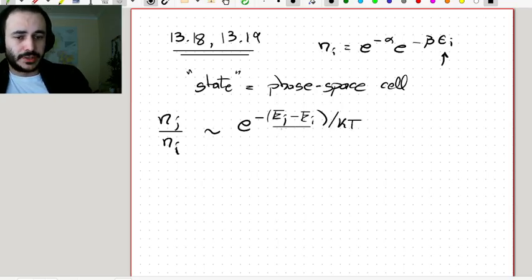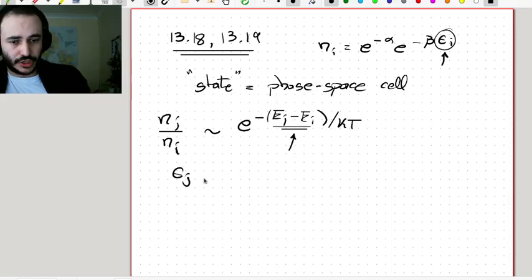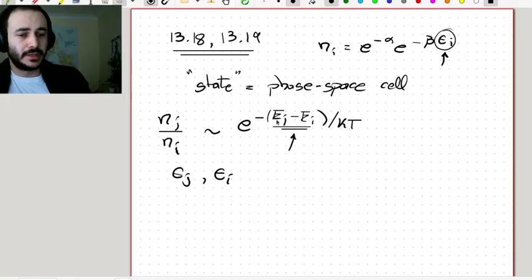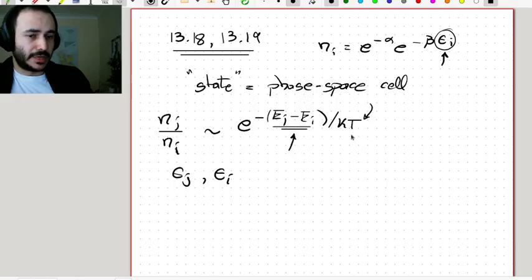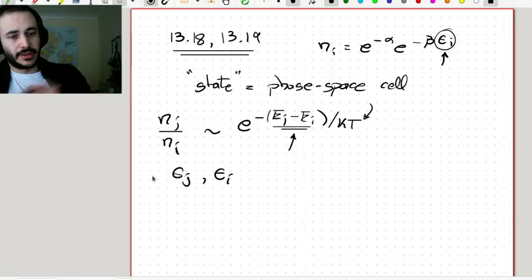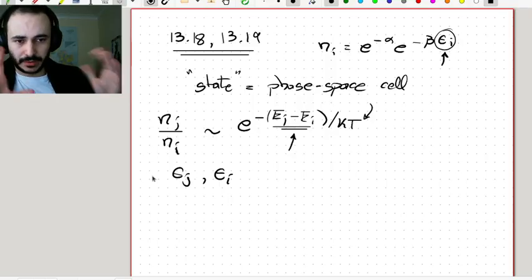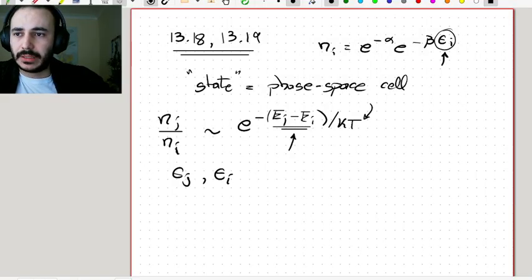So whichever is the relevant energy scale that tells apart the energy of cell J and the energy of cell I that I'm comparing it against, that energy change you divide by the thermal excitation energy, kT, and take the exponential of minus that, and this gives you the relation between the equilibrium occupations of the two things. That's the general idea, but you have it all worked out in the lecture notes.